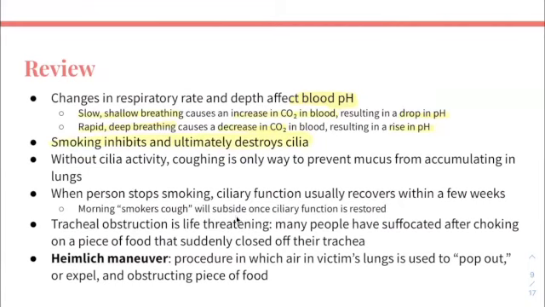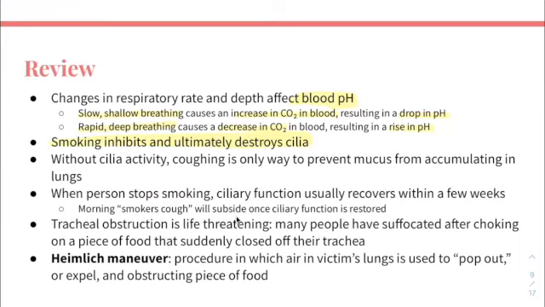Smoking inhibits and will eventually destroy the cilia, and that is what causes that smoker's cough. Because there's no cilia working, the cilia is not there, so mucus accumulates.